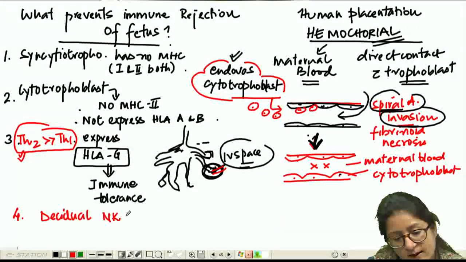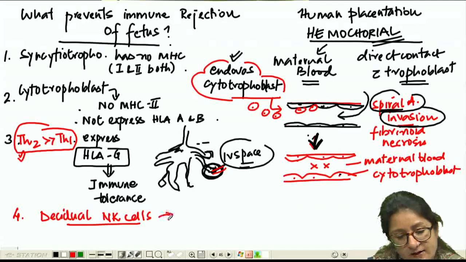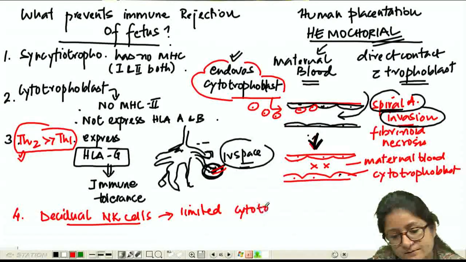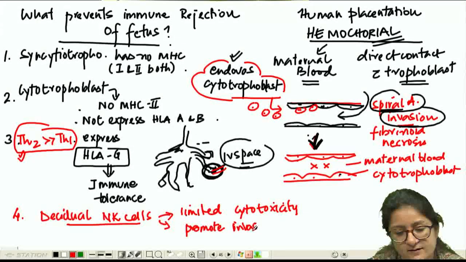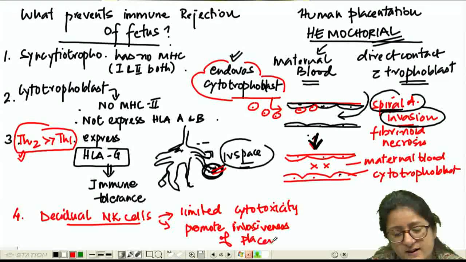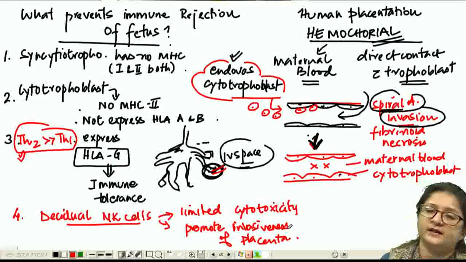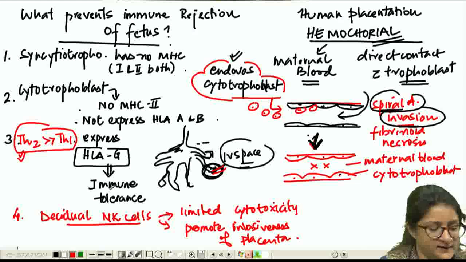Now these decidual NK cells have limited cytotoxicity and they promote invasiveness of the placenta. So these are the four important factors which prevent the immune rejection of the fetus.